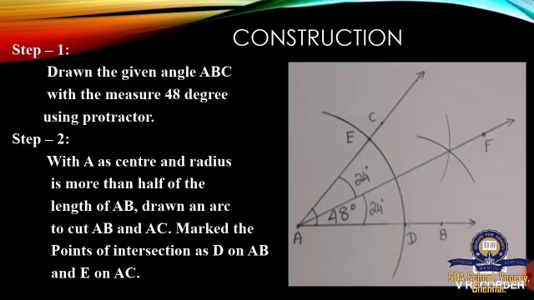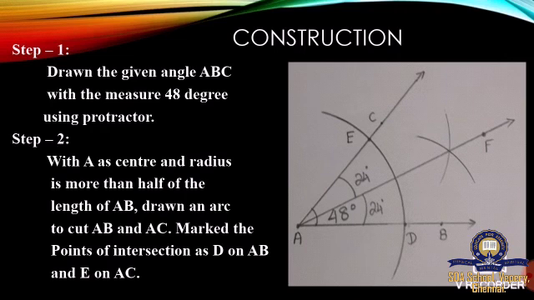Okay, students. Now, we move on to our third step. Our third step is the construction. Now, what did we do in our diagram? First, we draw the line and mark the points A and B. After that, using a protractor, keep the point A as center and we mark the point of angle 48 degrees.